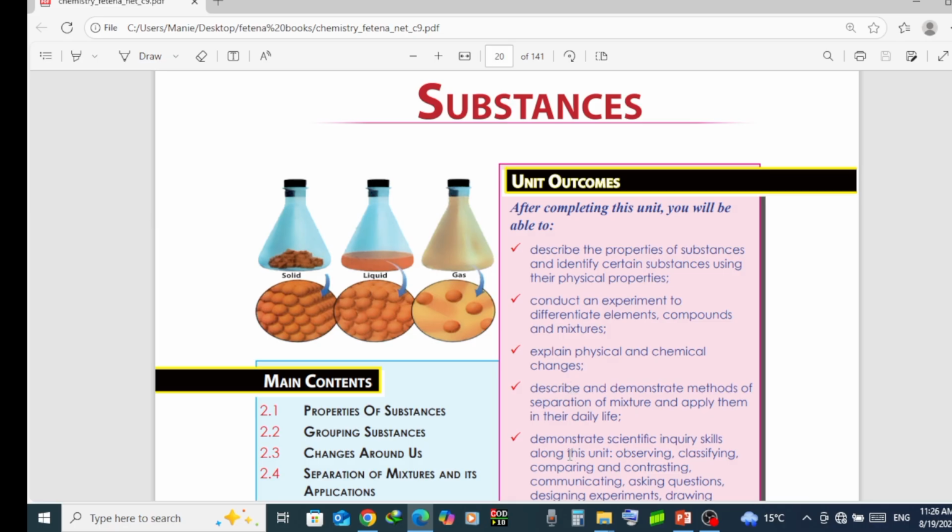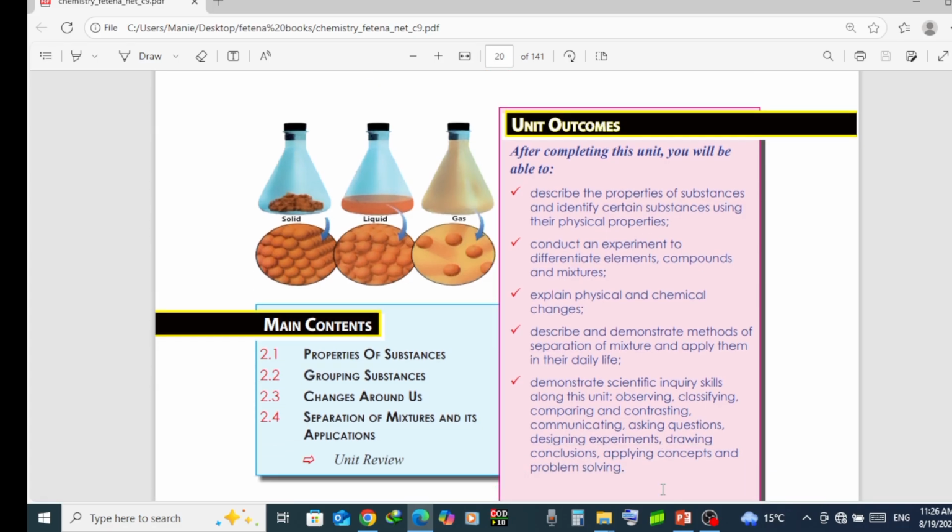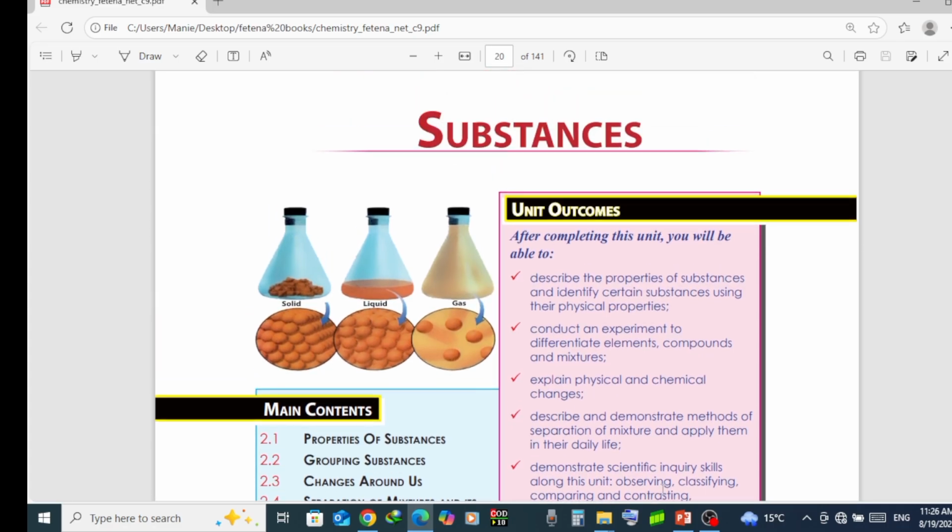And finally, students are going to demonstrate scientific inquiry skills. Along this unit, observing, classifying, comparing and contrasting, communicating, asking questions, designing experiments, and drawing conclusions are some of the points which are expected from this unit.